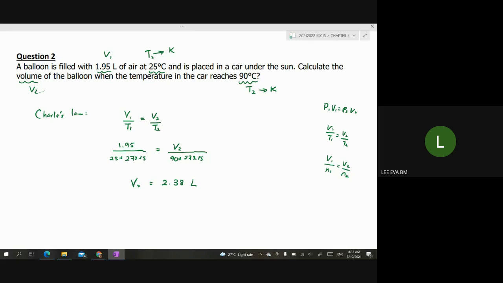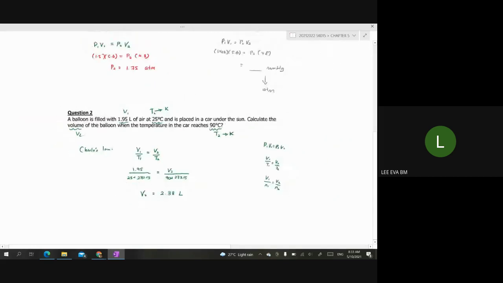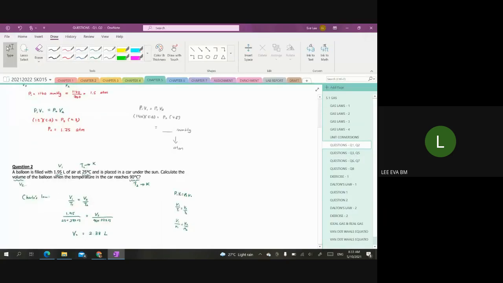Okay. And then next one we have our question 3. Does everyone want to ask any questions about question 1 and 2 before we proceed to question 3? Tak ada soalan ya? Tak ada, madam proceed ya.